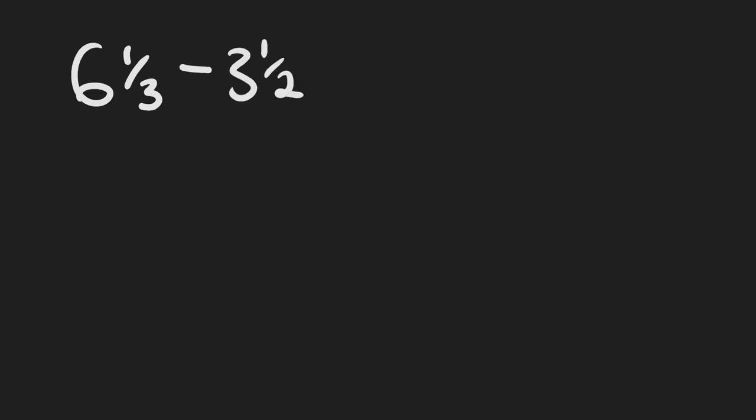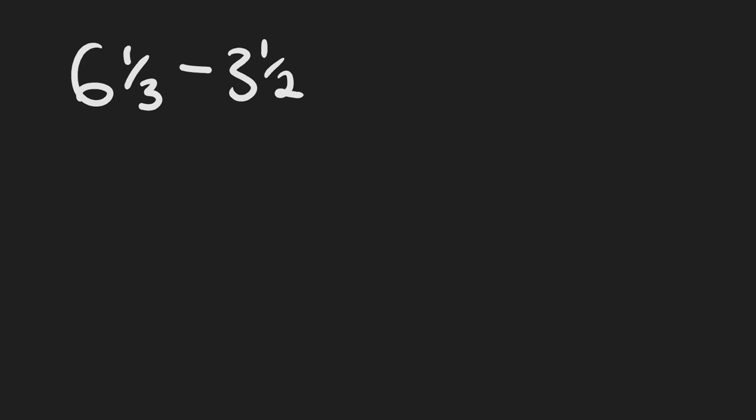Alright. Sometimes you may also have fractions that have different denominators that are in the form of mixed fractions. How are we going to do it? For example, we have 6 whole number 1 over 3 minus 3 whole number 1 over 2. How are we going to handle this?